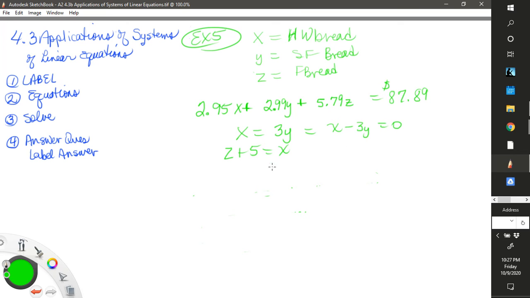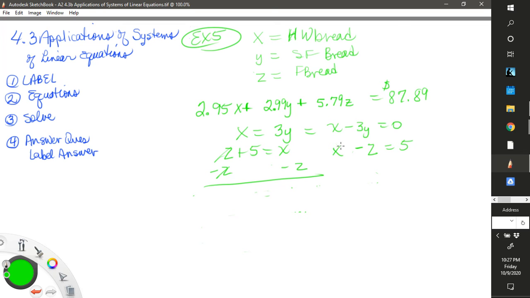Here I'm going to need to move, probably the easiest thing is to move z over. And that would be an x minus a z equals 5. Okay, so now we've got our equations written in standard order.